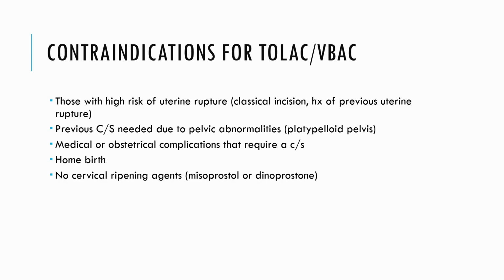Contraindications are things to keep in mind that would keep your patient from being a candidate for a TOLAC. Okay, so patients with a high risk of uterine rupture. So if their previous C-section was an up and down, a classical incision, that would kind of be a contraindication for them to attempt a TOLAC. If they have a history of previous uterine rupture, that would not be recommended for them to attempt a TOLAC.